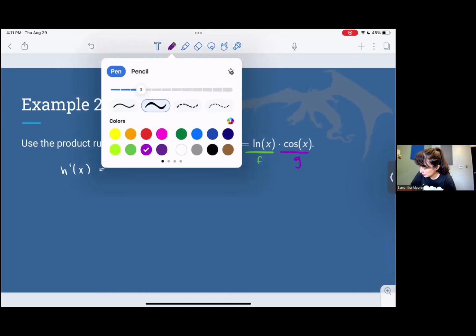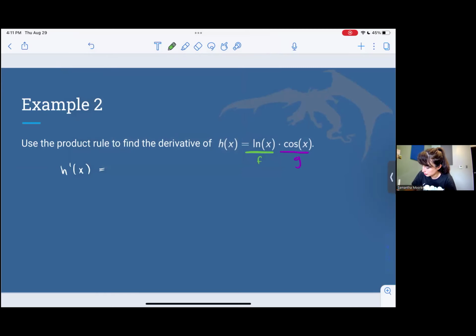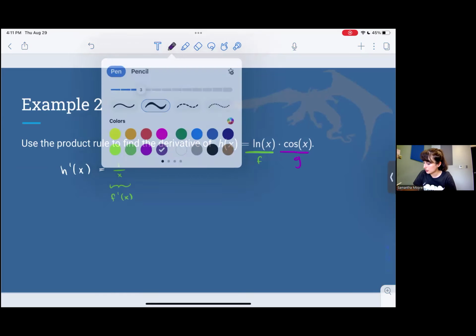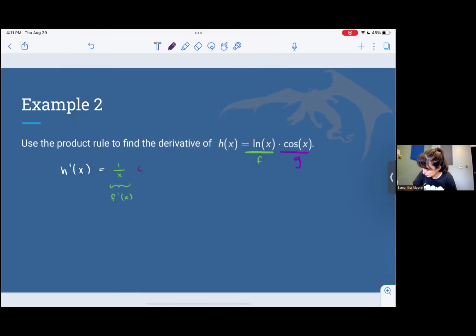Then the product rule says that I should get f prime times g. So f prime is 1 over x. That was one of our basic derivatives, the derivative of natural log is 1 over x. Times g of x, so times cosine of x.